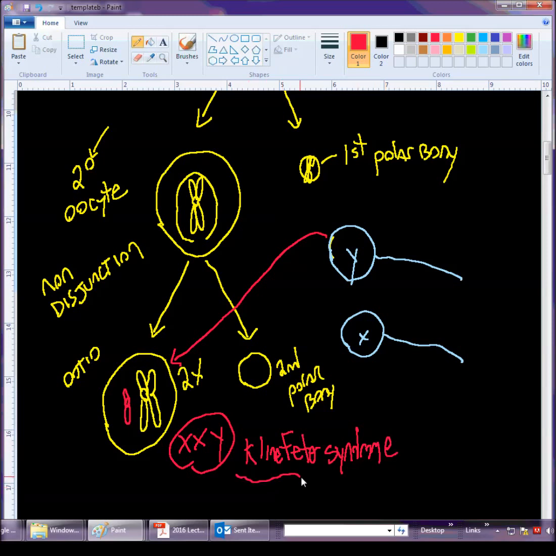Okay, so that's how non-disjunction can lead to a male with Klinefelter syndrome. Again, keep in mind that normally this would be fertilized and the non-disjunction wouldn't occur until after fertilization. But for simplicity, we're just assuming that the ootid is the one that's fertilized.